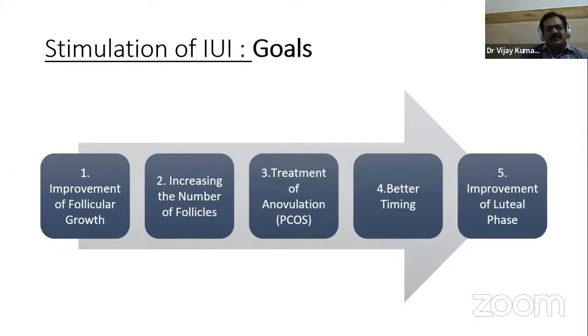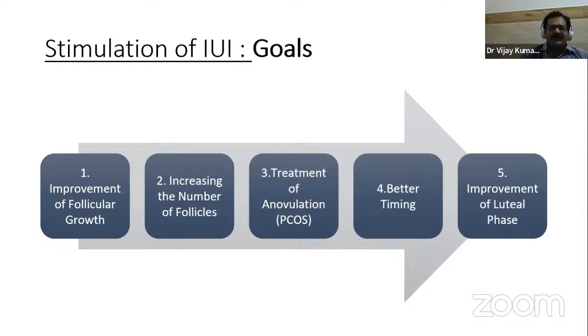So why should we do the stimulation of ovulation induction for the intrauterine insemination? There are few reasons. One is for the improvement of follicular growth. In the natural cycle, the follicle may or may not be growing appropriately, but when we are doing the ovulation induction, we ensure that the egg development is achieved to the satisfactory state.